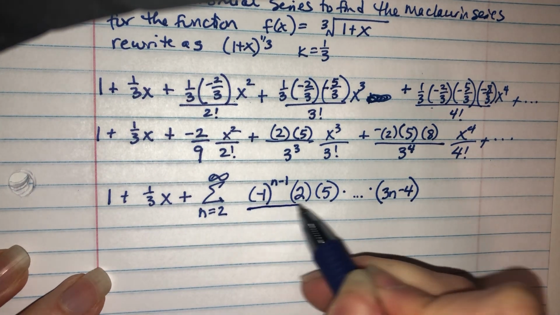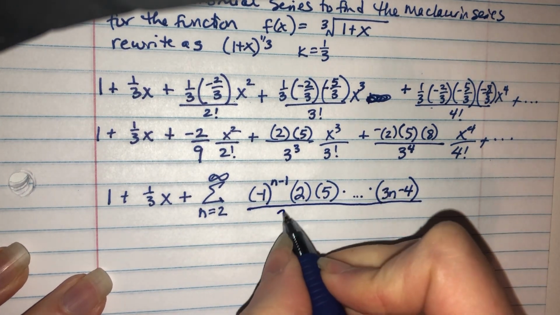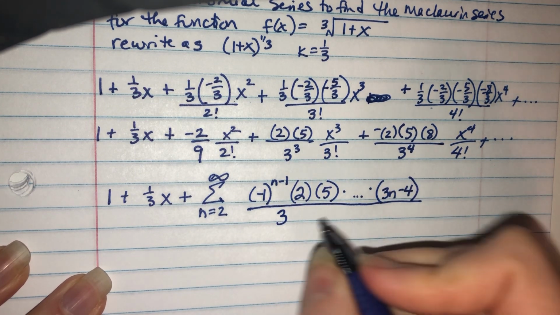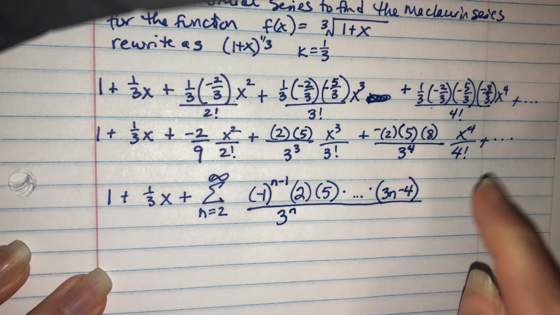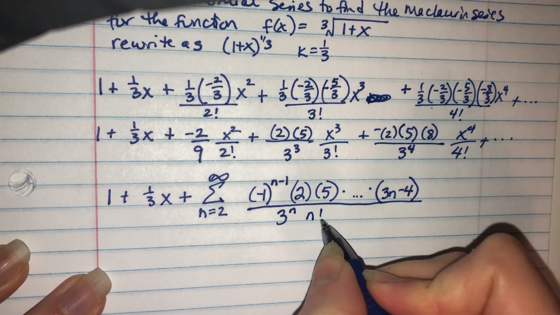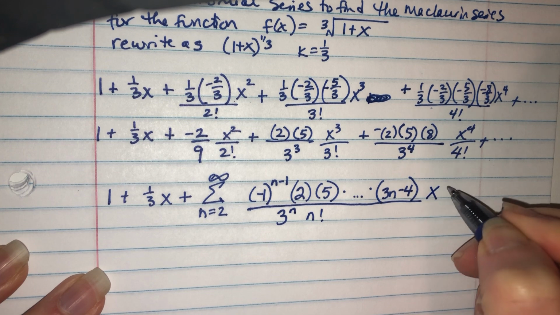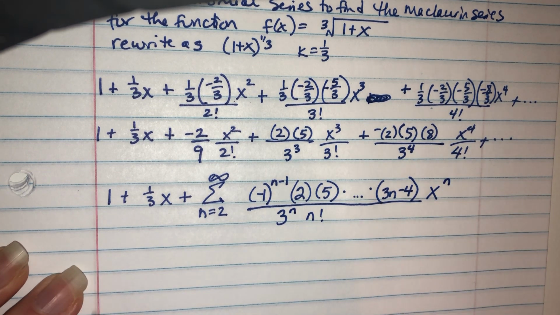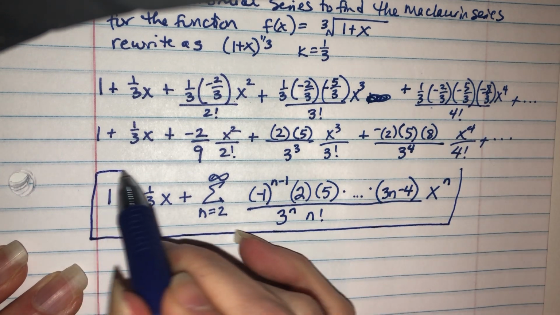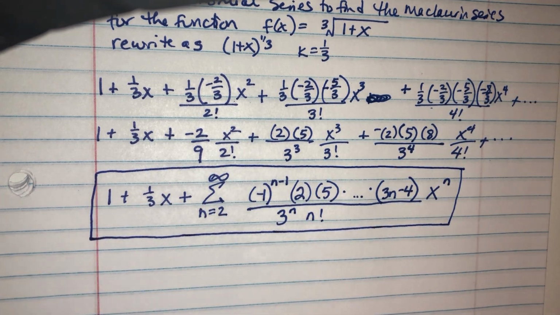And then we divide all of this by, we have powers of 3, 3 squared, 3 cubed, 3 to the 4th, so this is just 3 to the n, and then times n factorial, and then we have x raised to the nth power. So this is the general rule in sigma notation or summation notation for this binomial series.